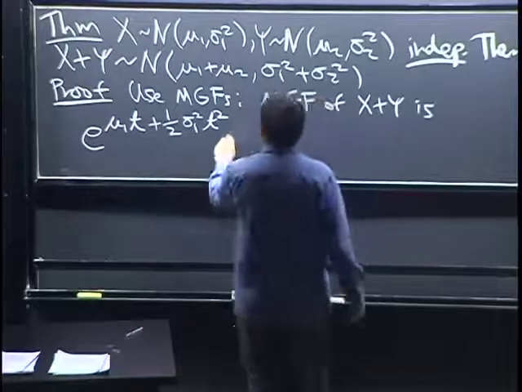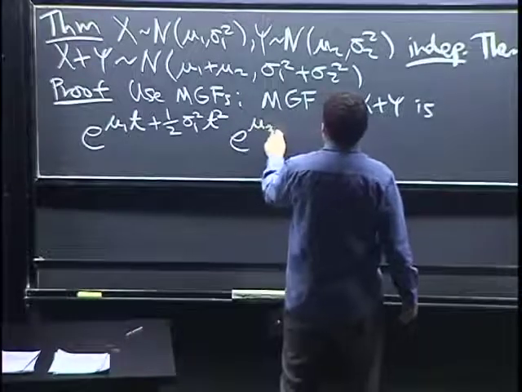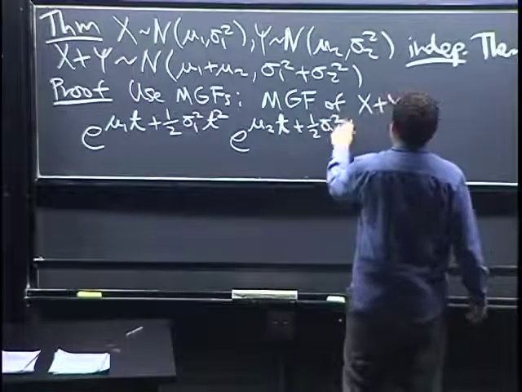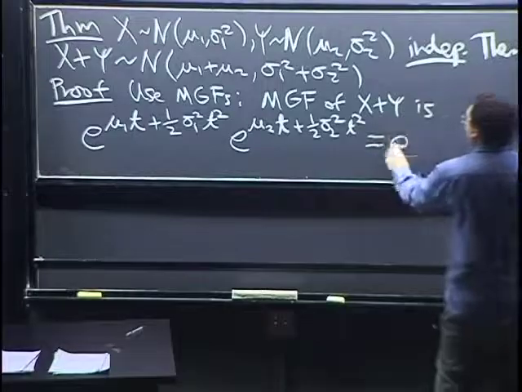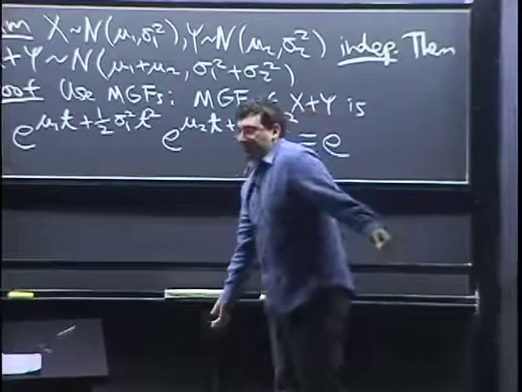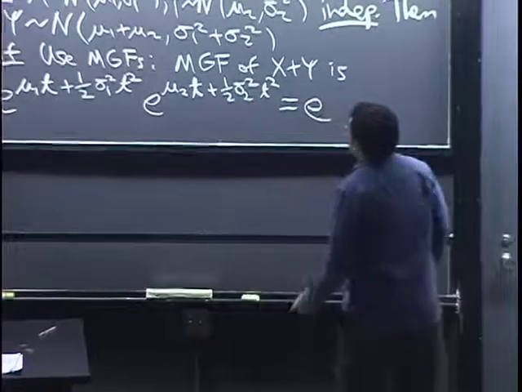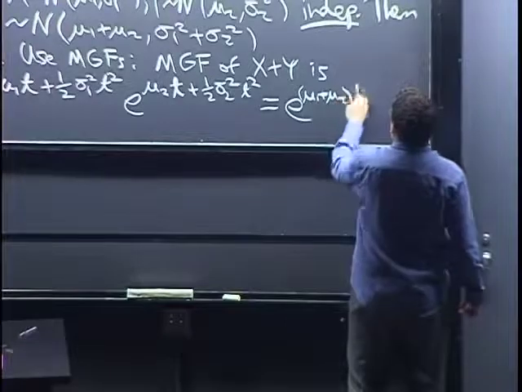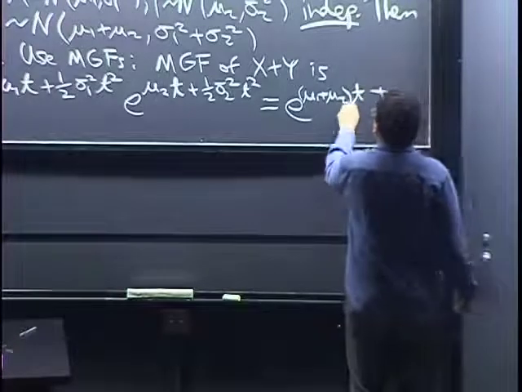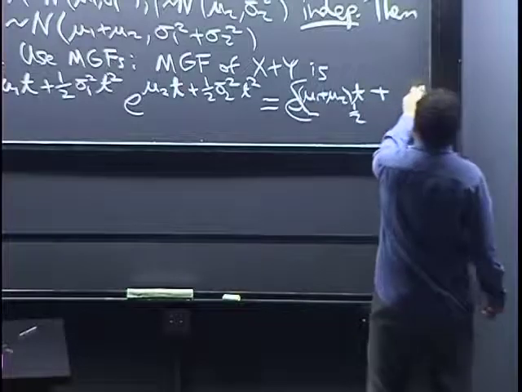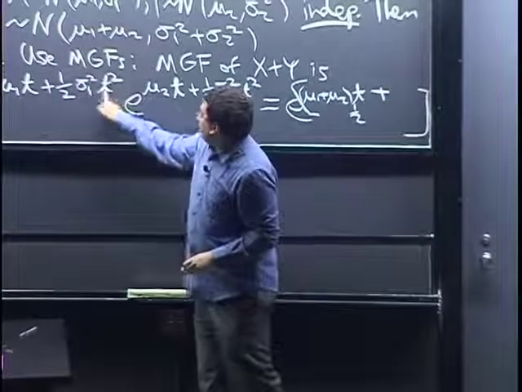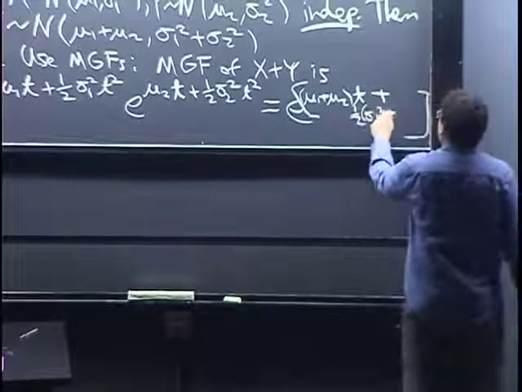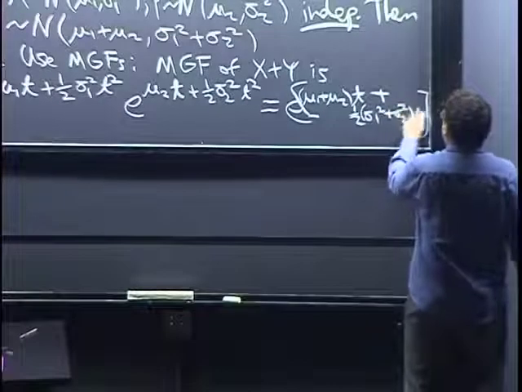We multiply by the MGF of Y, which is the same thing, just change the subscripts: e to the mu2 t plus 1/2 sigma 2 squared t squared. Now let's write this as one exponential and factor: e to the (mu1 plus mu2) t, just factor out the t, plus 1/2 t squared times (sigma 1 squared plus sigma 2 squared), all up in the exponent.